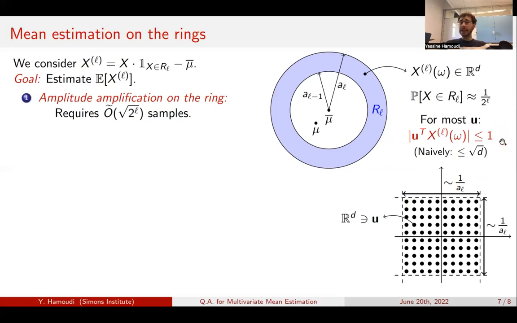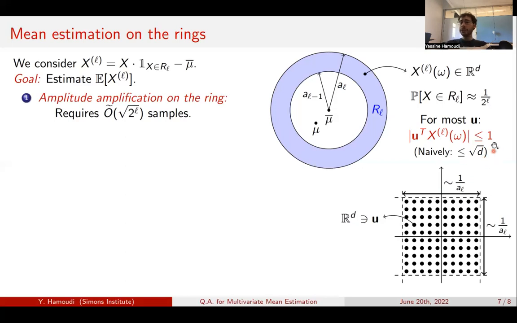If you take the inner product between a point of this hypercube and the random variable, then with high probability over the choice of u, the inner product is going to be at most 1, which is much smaller than the naive upper bound of square root t, which you would obtain if you just apply a Cauchy-Schwarz inequality.